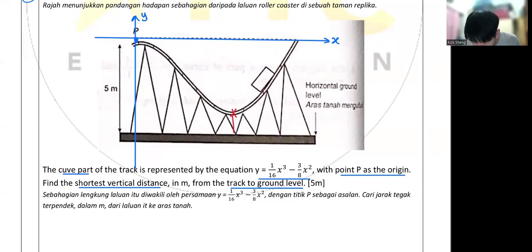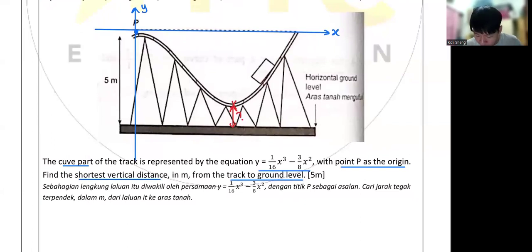From here to the ground level, I need to find this distance. I think this question is okay, it just seems a bit scary because of the picture here.